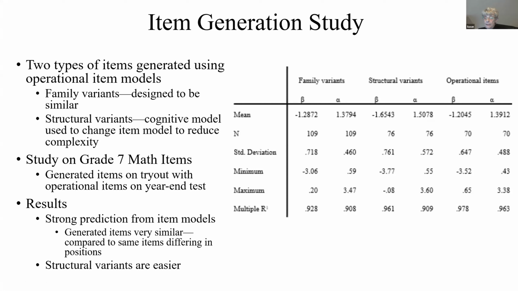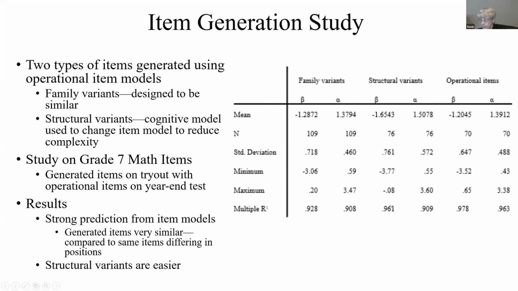And so what we can see here, if you look at the multiple R's, I can't even see the operational items because of the way the screen is here, but the multiple correlation is really pretty similar, be it operational items in different positions versus family variants, different content, but the same underlying structure, or structural variants.